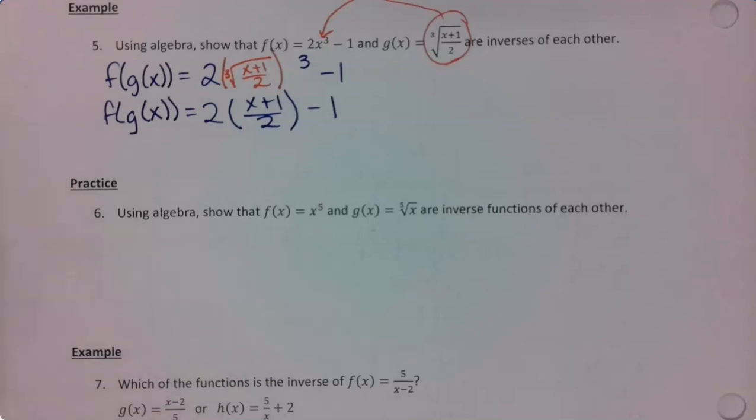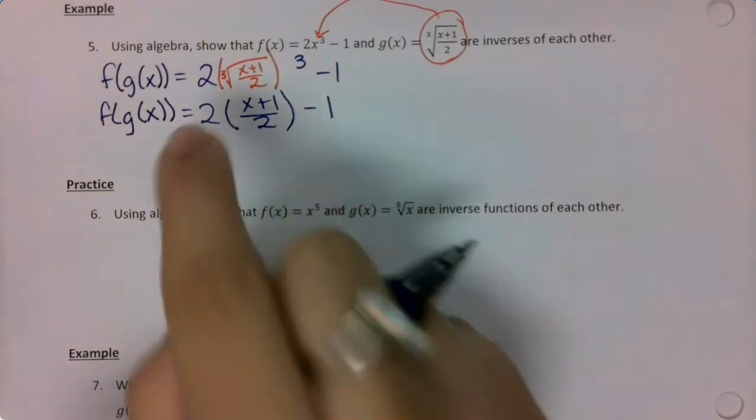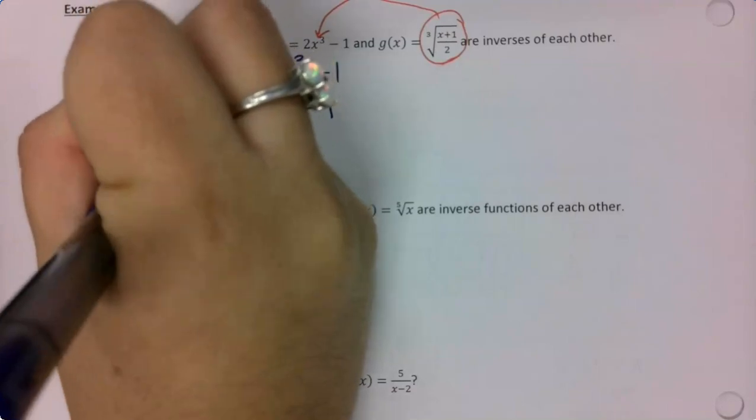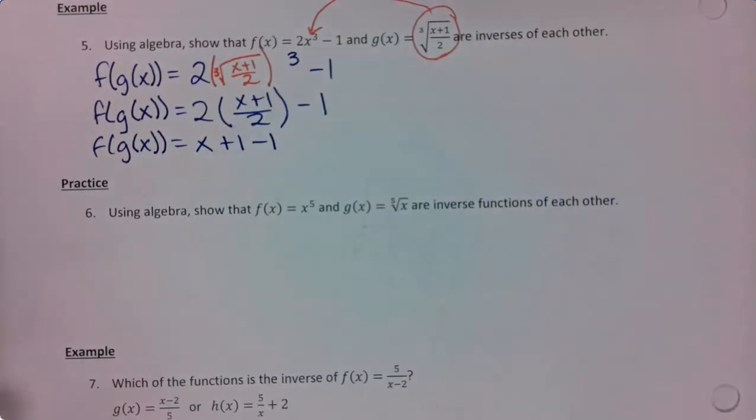Okay, so then what do I want to do next? Okay, so the 2's cancel out because I have a multiplying 2 and a dividing 2. I'm not there yet, but yes. So then I'm left with x plus 1 minus 1.